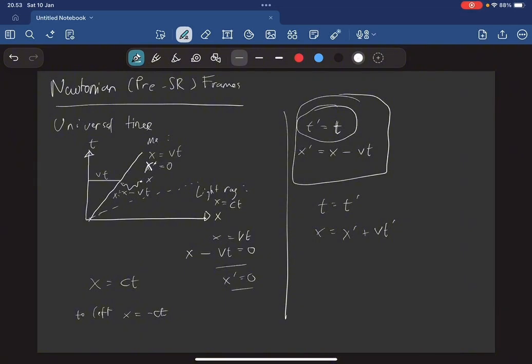Now let's look at the light ray in this figure. According to our assumption, it moves along the path x equals ct in your frame. How do I describe its motion in my frame? I simply substitute the values of x and t from these equations into x equals ct.